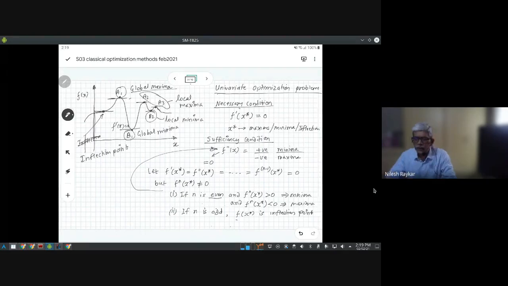So if you find that up to the second derivative everything is 0 and the third derivative is non-zero, then that is an inflection point. Or up to the fourth derivative everything is 0 and the fifth derivative is non-zero, then it is an inflection point. However, if it is an even derivative, then you can infer whether it's maxima or minima.